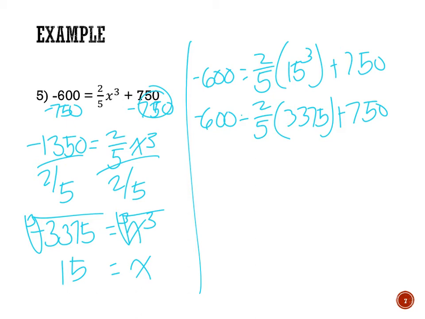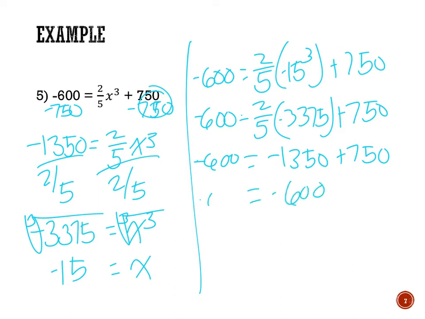Oh, I forgot my negative sign here. So it's negative 15 equals x. So 2/5 times negative 3,375 equals negative 1,350 plus 750. We hope that equals negative 600, and it does.